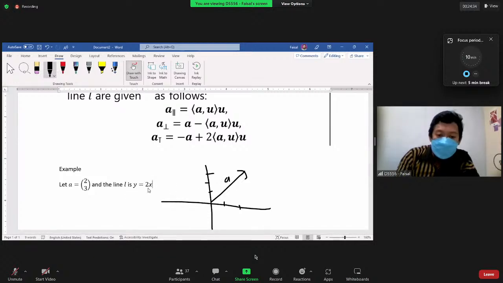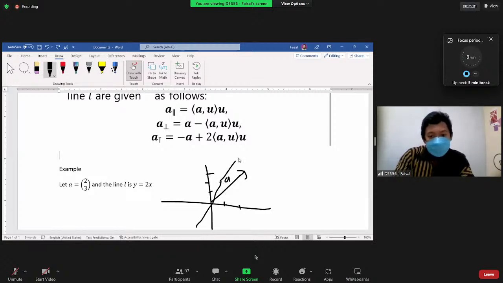The line L is y equal to x. So if x is 1, then y is 1. Sorry, the line must pass through the origin and pass through the point (1, 1). So this is the line L.